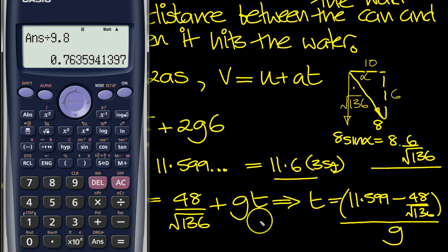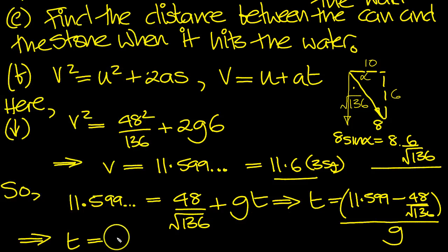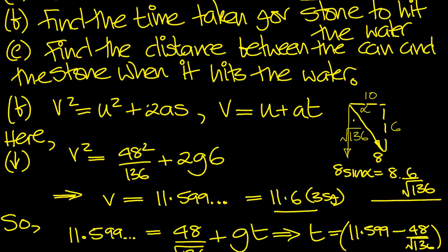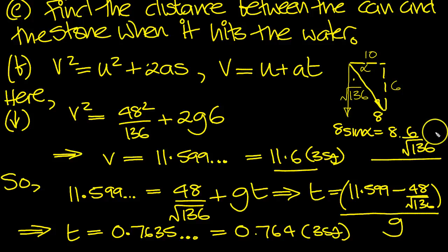That gives 0.7635, which is 0.764 to 3 significant figures. So there's the time for part B, in seconds.